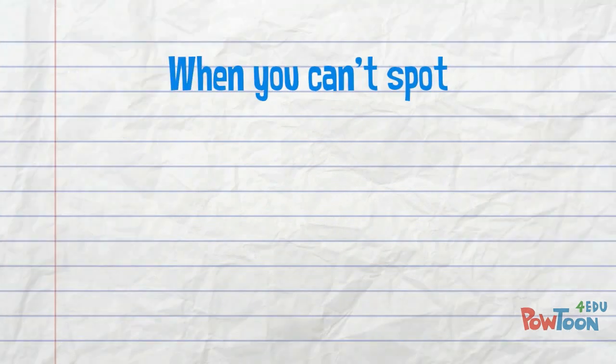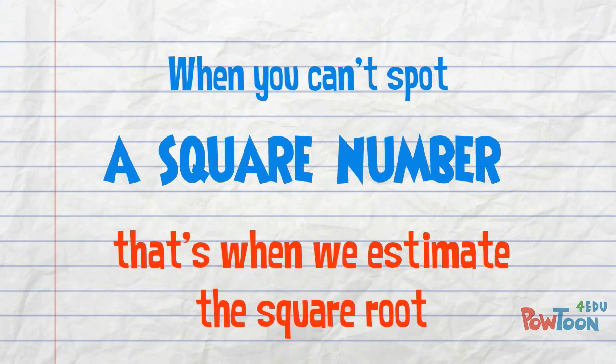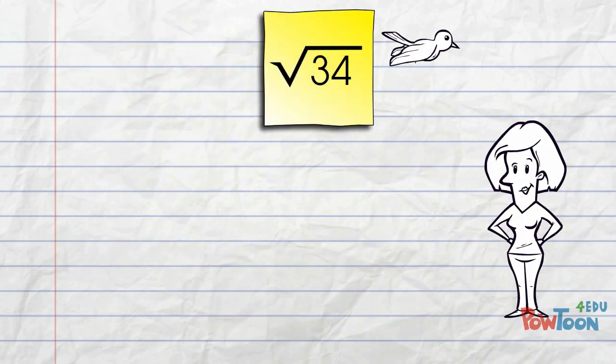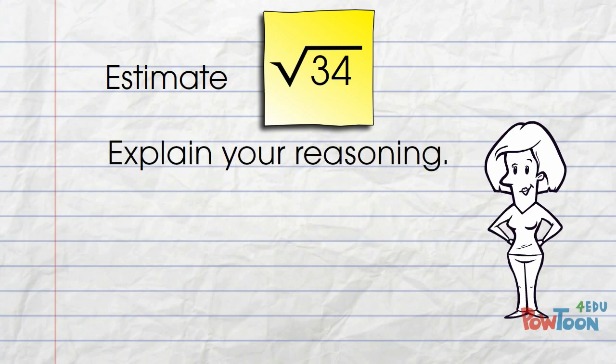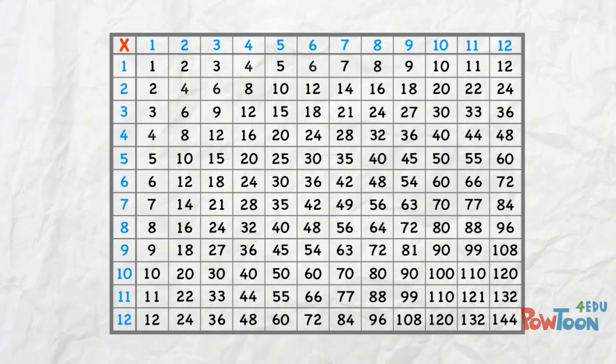But when you can't spot a square number, that's when we estimate the square root. Like in this problem, estimate the square root of 34. Explain your reasoning. Let's check it out using a multiplication chart. Here are the square numbers highlighted in blue.